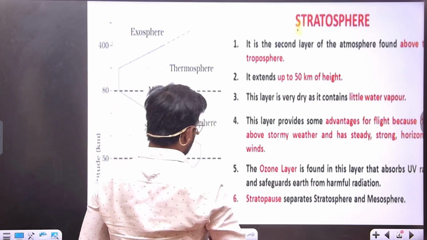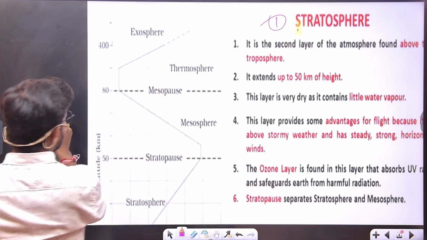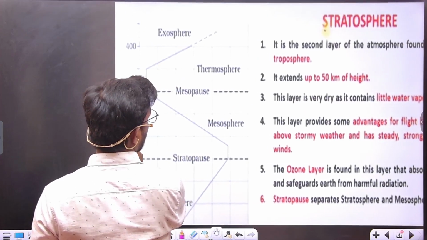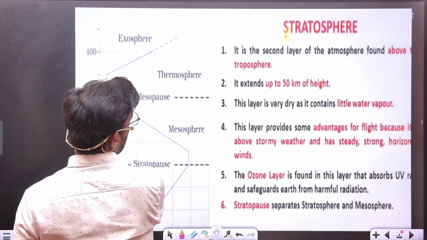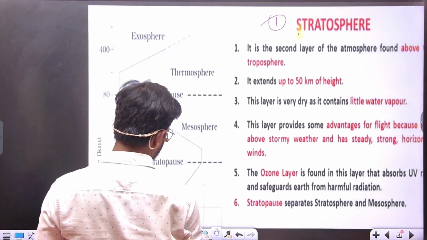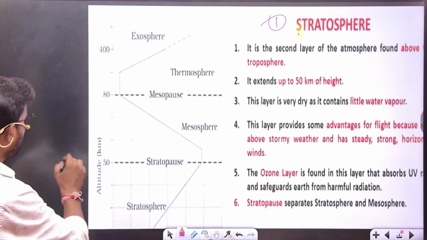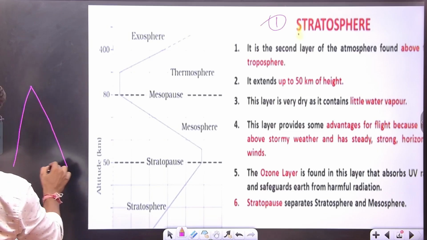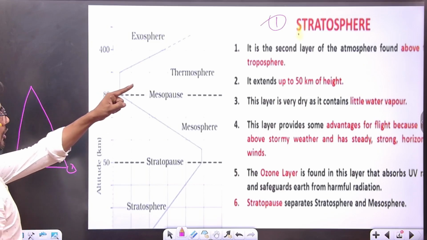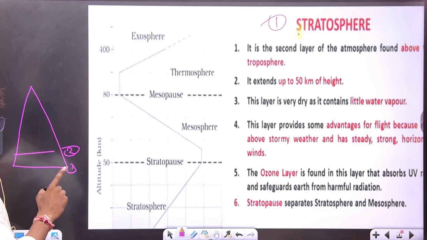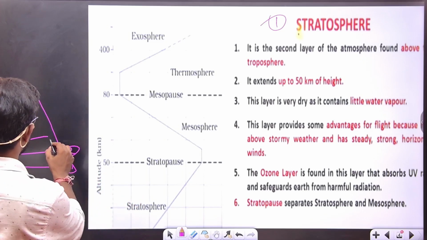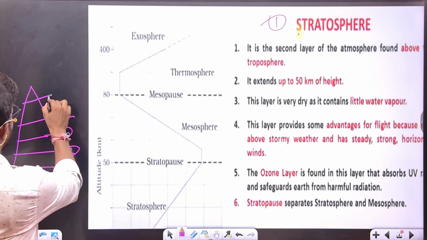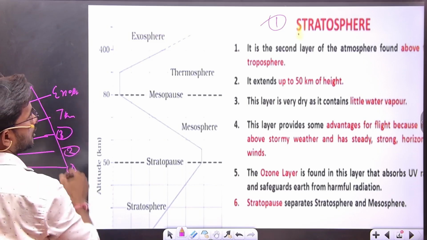Look at the map. This is the first, troposphere, the second is stratosphere, the third is mesosphere, the fourth is thermosphere, and the fifth is exosphere.